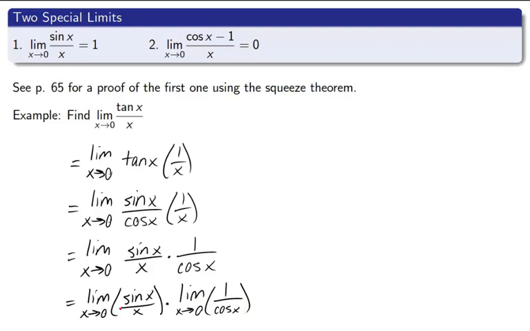However, you'll notice in the first one, I get the sine of 0, which is 0, over 0. That's okay though, because I have a special limit up here. It turns out that this limit is 1. And now 1 over cosine x, well, that's just going to plug in cosine of 0. But cosine of 0 is 1, which is fine. So I just get 1. And so my answer is 1.